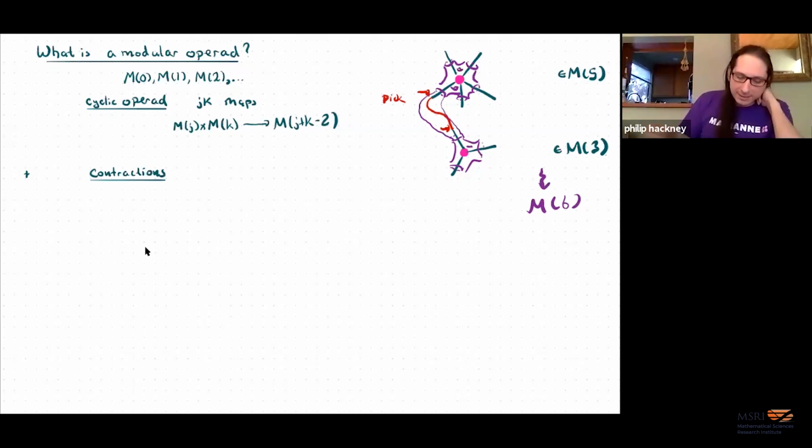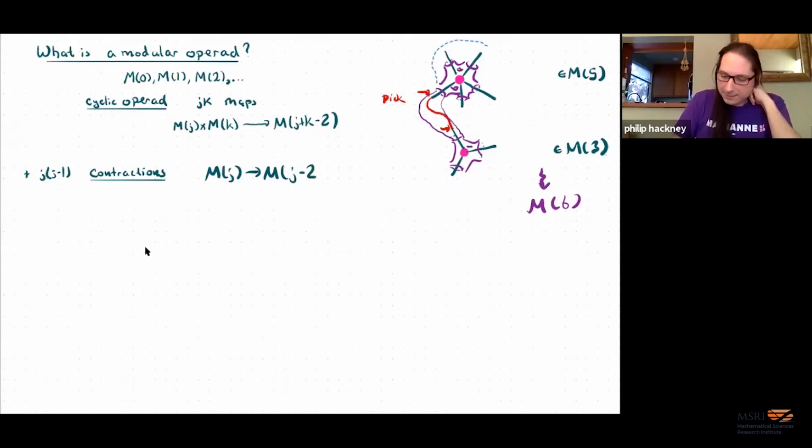But the other part of the structure is that we have something like j times (j-1) contractions from M_j to M_{j-2}. And what is this? These correspond to self-gluings.